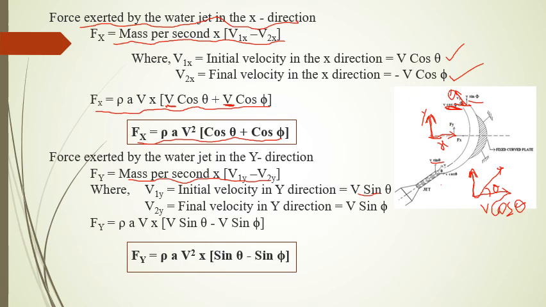Substituting initial velocity and final velocity values, we get Fy equal to rho a v into v sin theta minus v sin phi. In this equation, v is common. Take out v. We get Fy equal to rho a v square into sin theta minus sin phi.